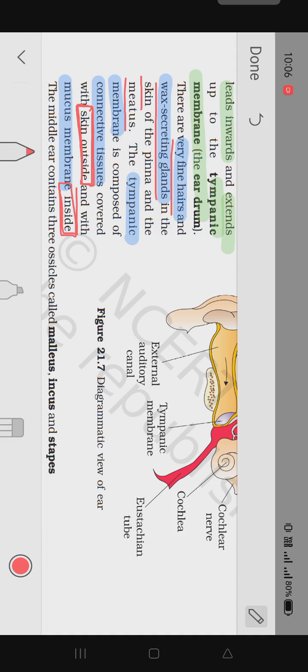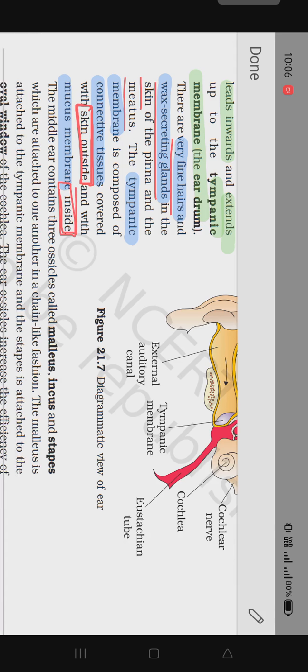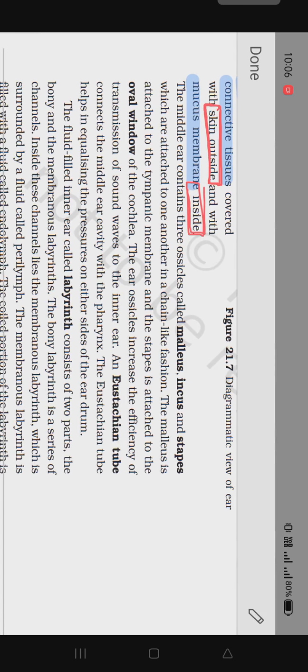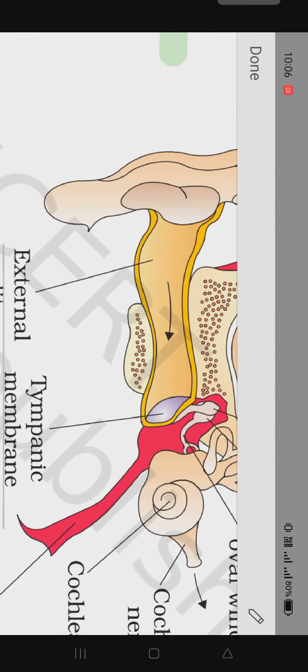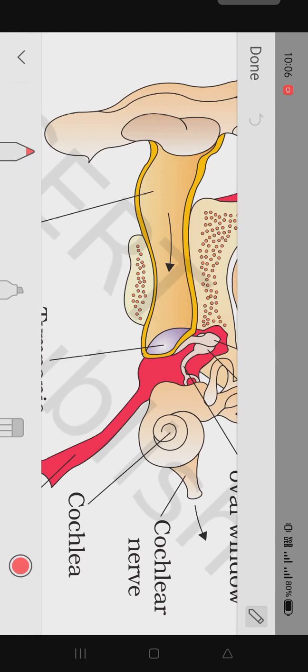That means towards the tympanic cavity it is mucous membrane, and towards the external auditory canal it is basically skin, and between them is the connective tissue. One more thing I want to make sure of: this membrane basically comprises all three germ layers. There is no other structure in the body which comprises all three germ layers.